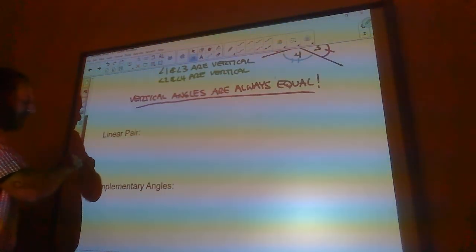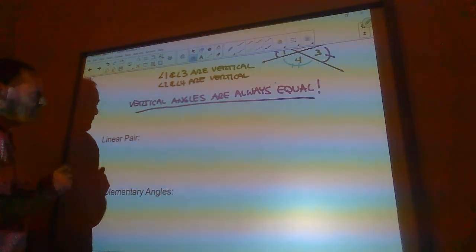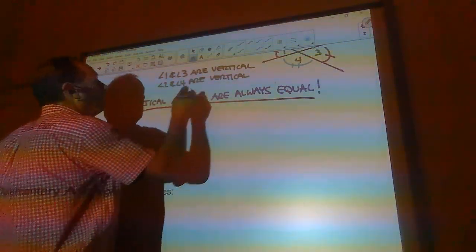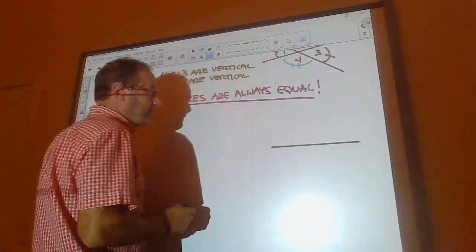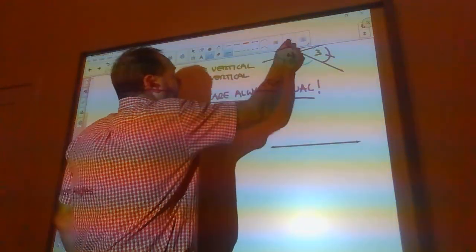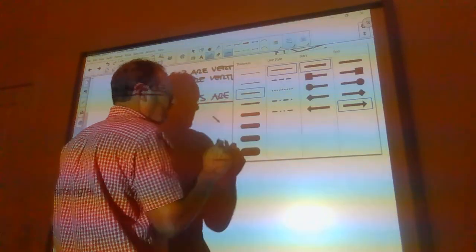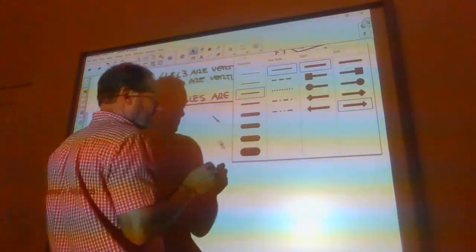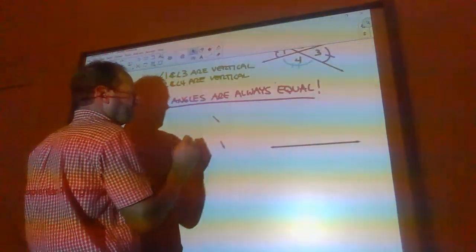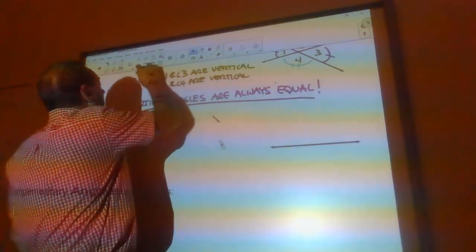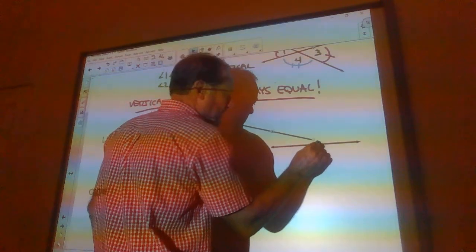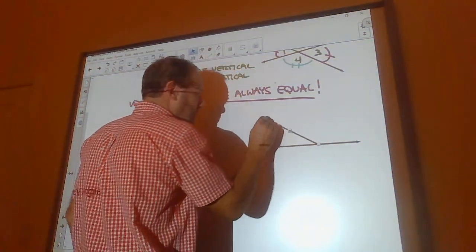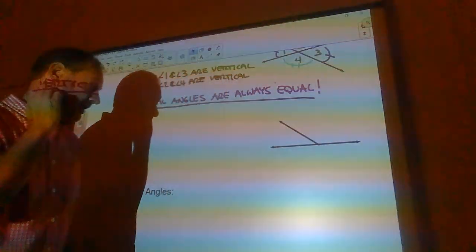Okay, what is a linear pair? A linear pair looks like this. I got a line, and then I've got a ray. Oops. Sorry about that. This is a linear pair.